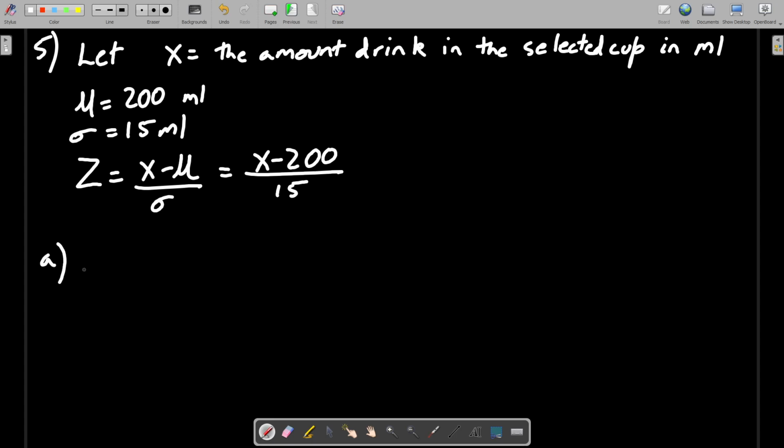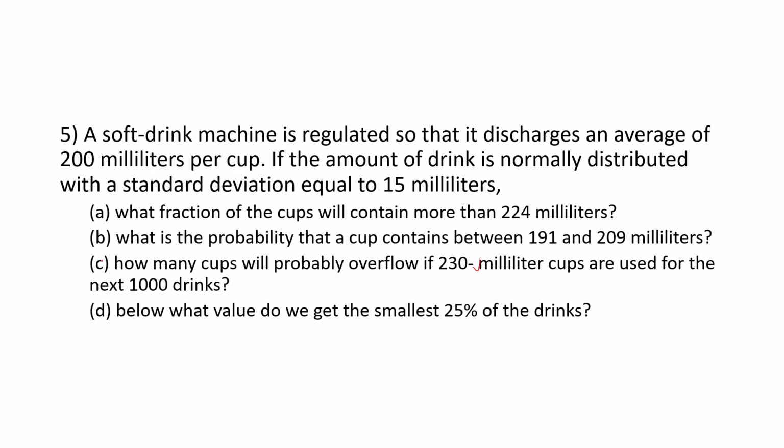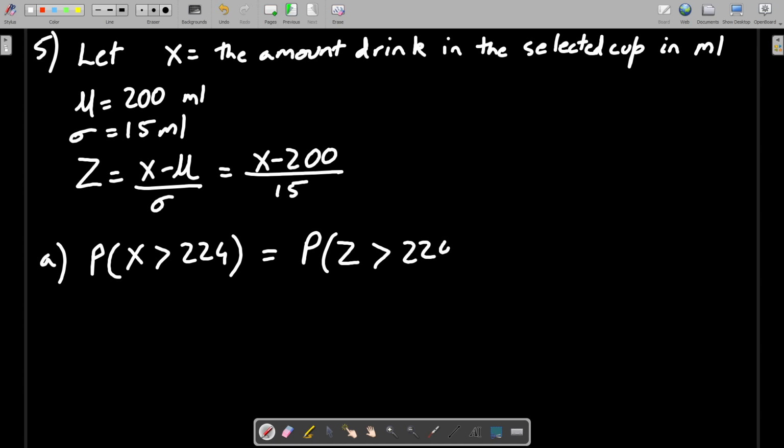So the first question here is, what fraction of the cups will contain more than 224 ml. So we want the probability of x greater than 224 ml. So this is going to be probability of z greater than 224 minus 200 upon 15.